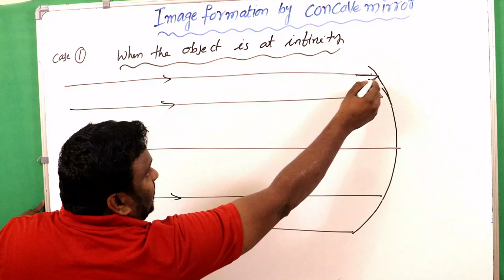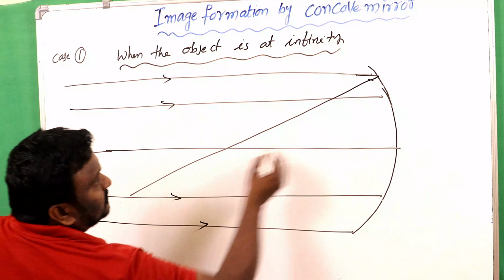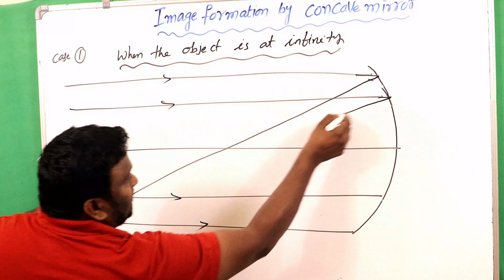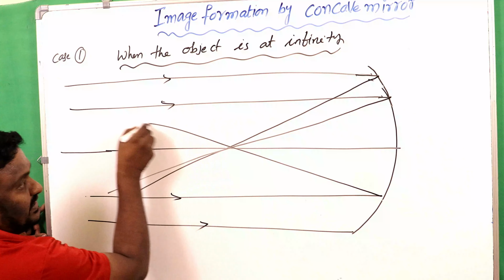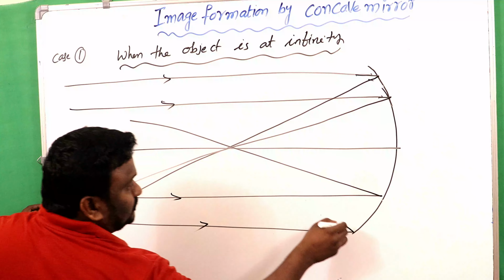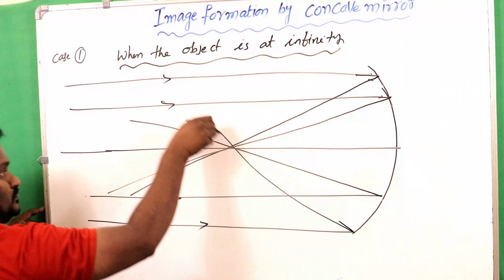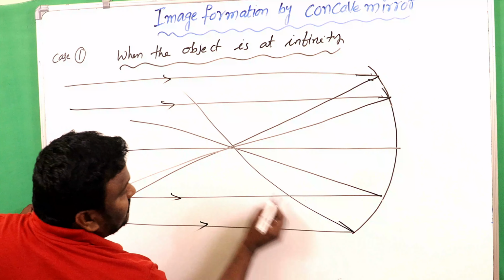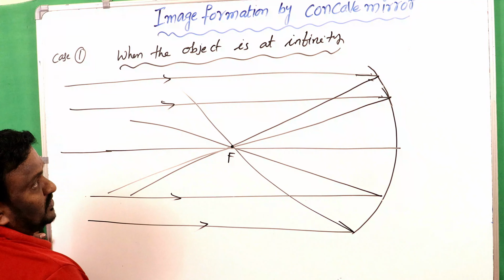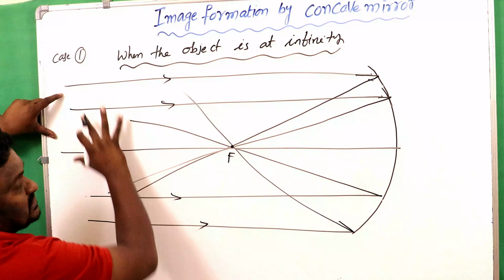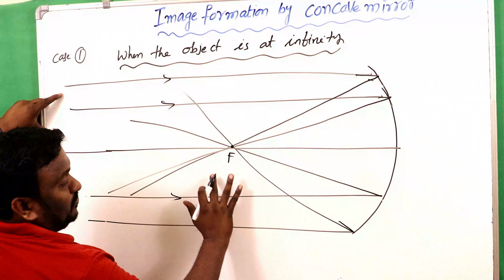These rays are reflected and they meet at one point. This is the point here, which is the focus. The rays which are parallel to the principal axis, after reflection, meet at one point.